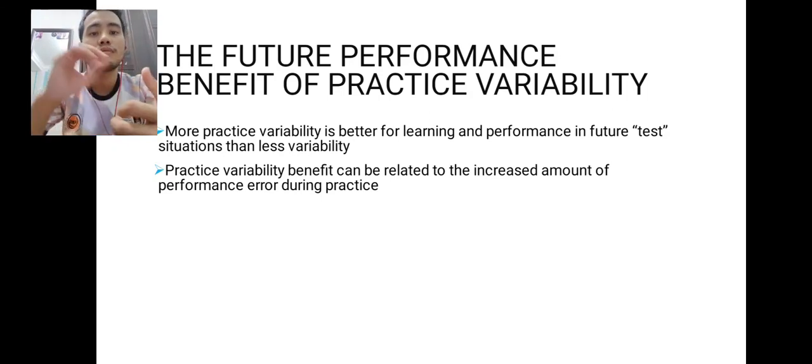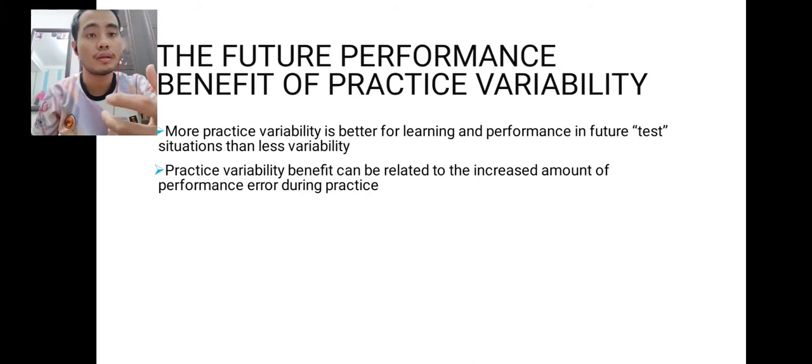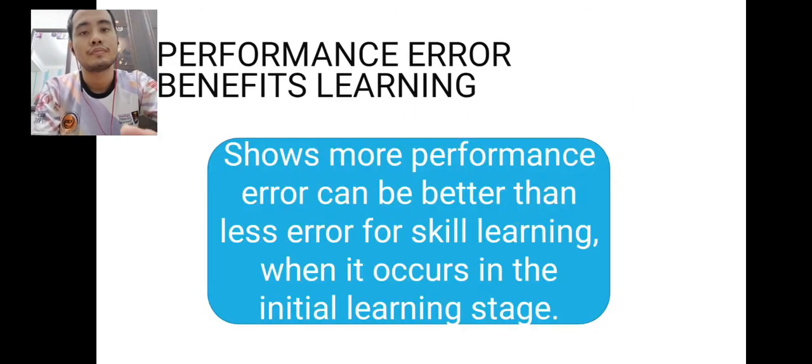Okay, practice variability can be related to an increased amount of common error during practice. So when we learn through practice variability, we need to learn from the error during practice. Okay, performance error benefits learning.